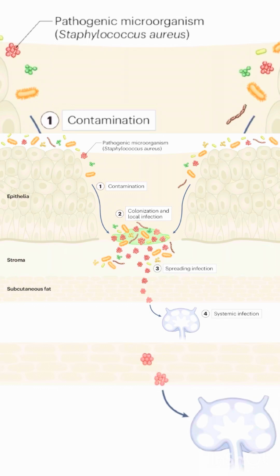In this case, it's Staphylococcus aureus. And when there is a wound or a cut or break in the skin, the normal flora as well as the pathogenic microbiomes can enter inside the wound.